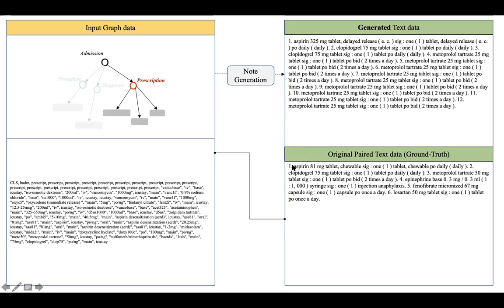And let's see the content. So here, number 1 aspirin, that's the same, but the numbers are different. In the ground truth text, only 81 milligrams of aspirin was given, but here the model says 325 milligrams was given. And I'm not really sure why. I guess here the acetaminophen 325 is here, so that is why 325 is here.